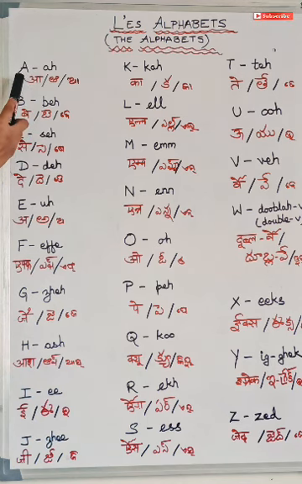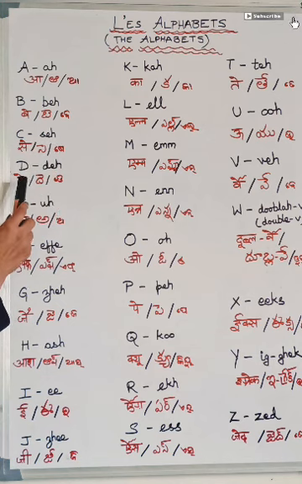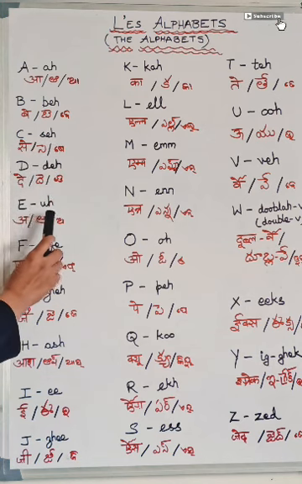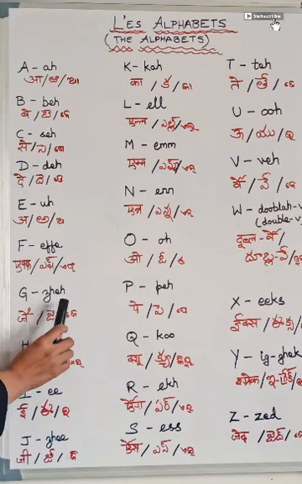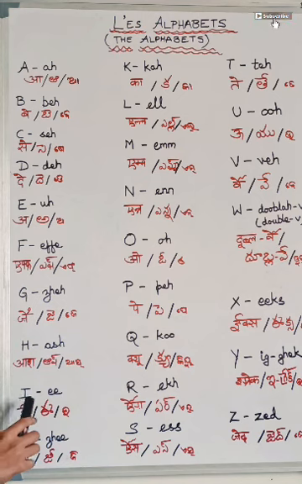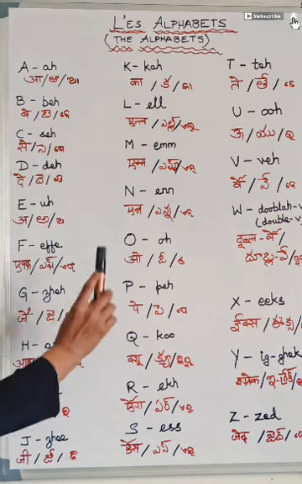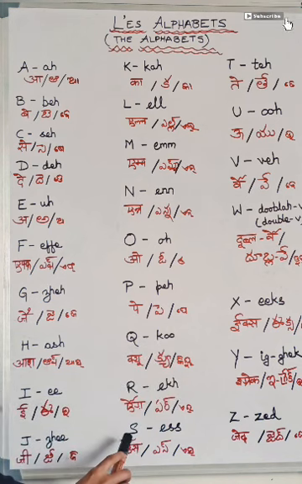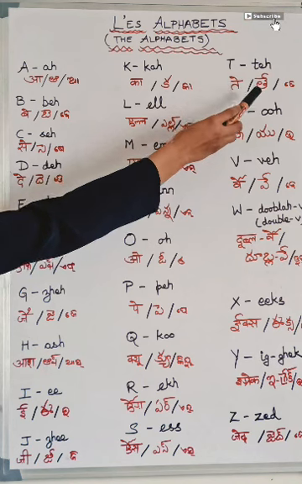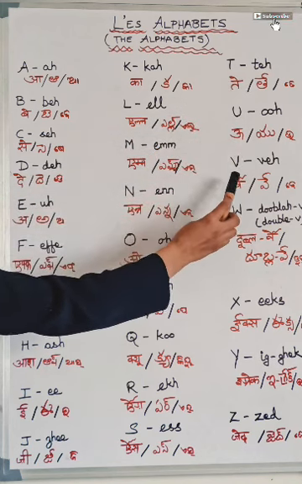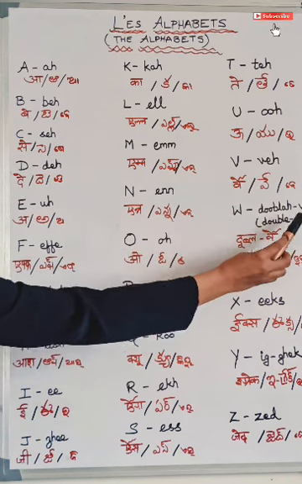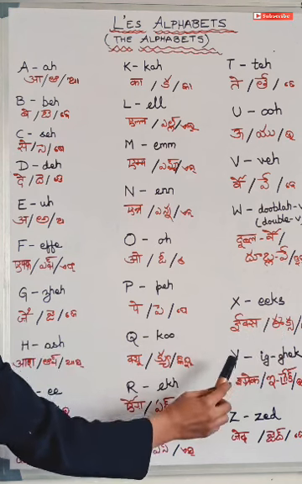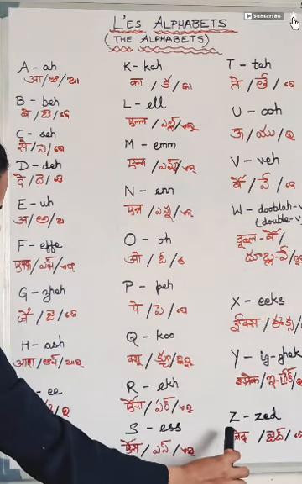To begin with, A as A, B as bear, C as c'est, D as there, E, G as j'ai, H as H, I as E, J as J, K as K, P as P, Q as Q, R, S, T as T, U as U, V as V, W as W, X as X, Y as Y, Z as Z.